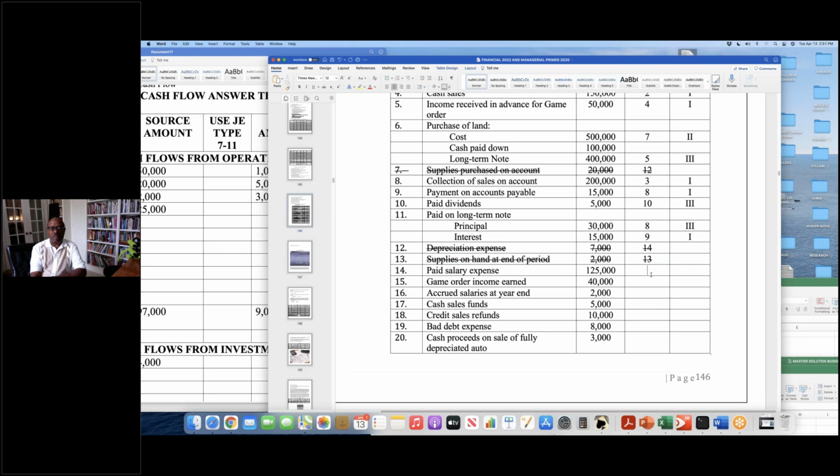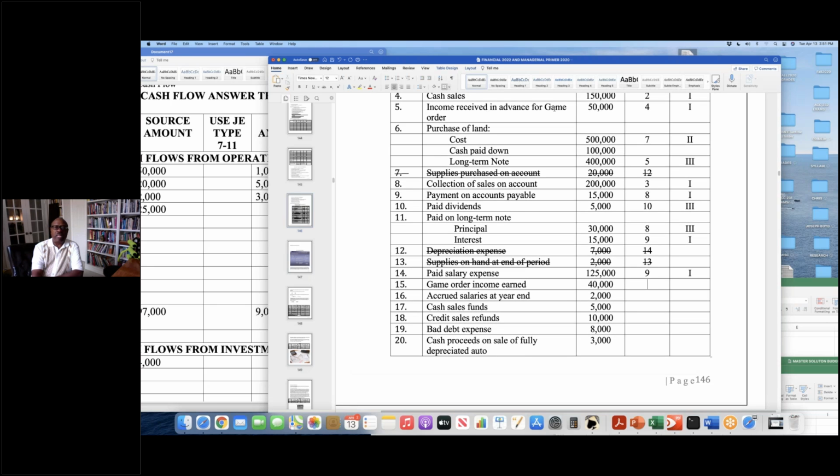Paid salary expense for the year. 9. What part? 1. Gain or income earned. So you begin to earn your income. Wouldn't that be a type 2? Nope, you earned it. Oh, 4.